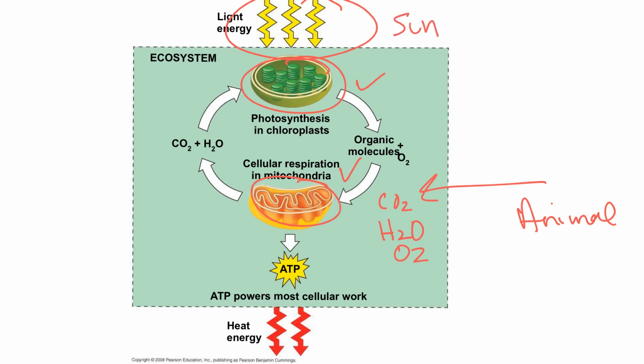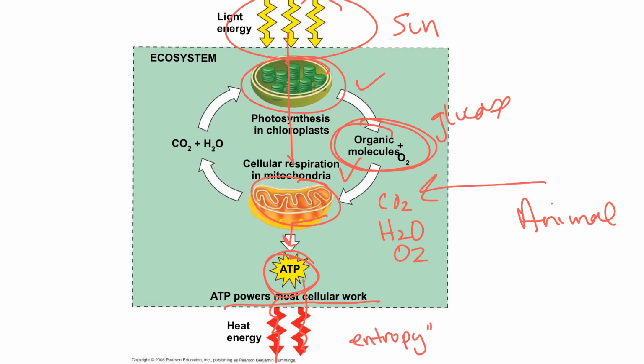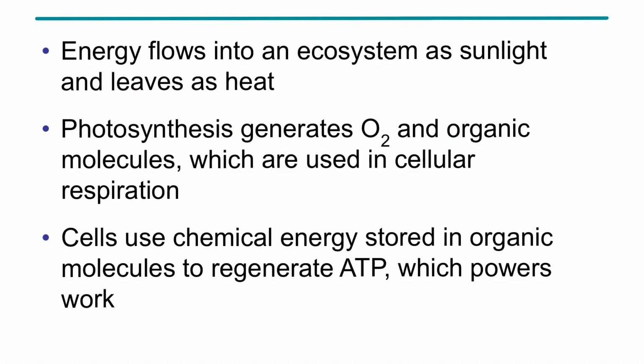The energy is coming from the sun, and the energy gets fixed into these organic molecules like glucose, which then are burned in a chemical reaction that produces some ATP. We use ATP to do most of our cellular work, and in that transfer, we lose a bit of energy that is lost as heat. And that ends up going out into the universe and increasing the entropy of the universe. And so that is why this system continues to work. So energy is a one-way transfer, but the molecules are recycled.